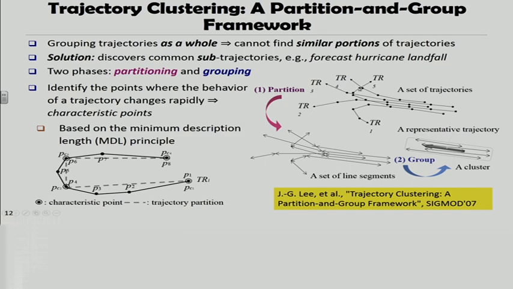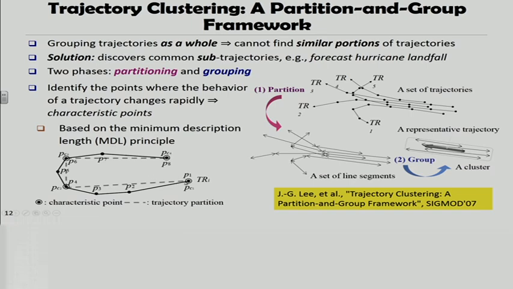What is partition? That means you take any single hurricane path and chop it into several fragments. How do you chop it? He chopped it based on the minimum description length principle.